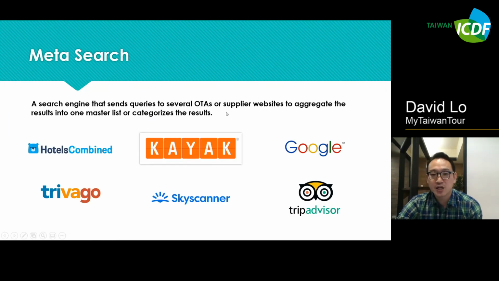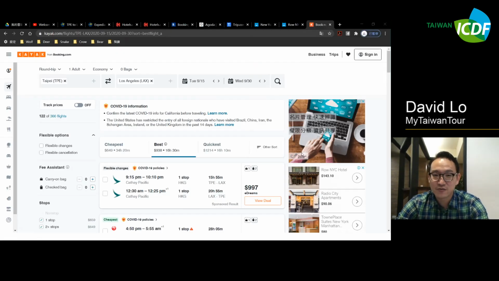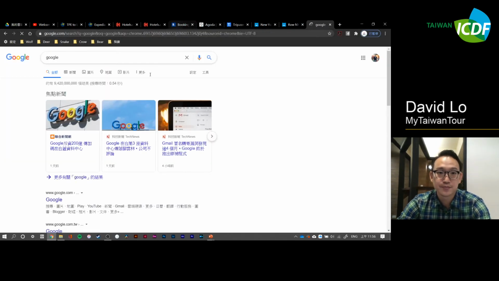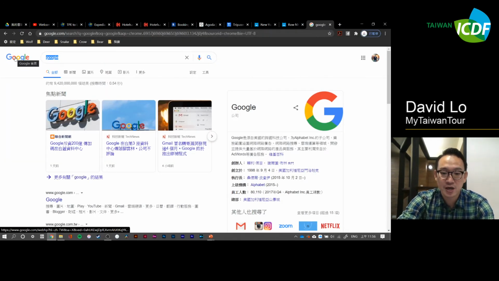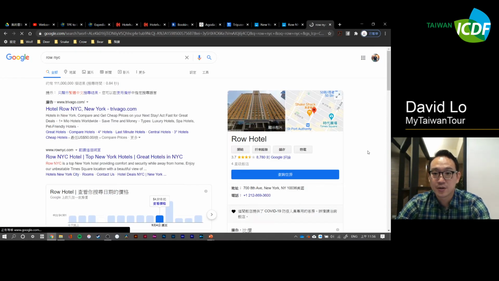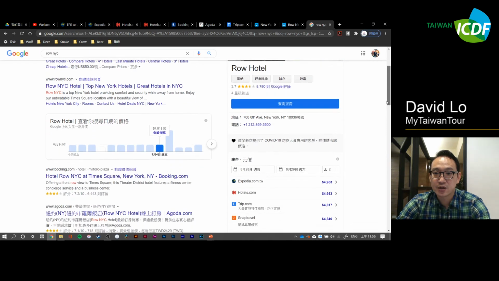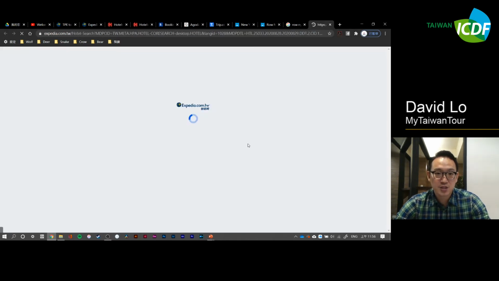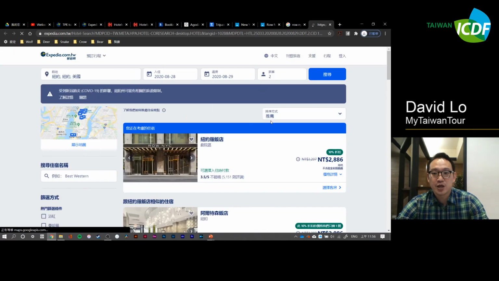It's easier to understand as a Google for the hotels or flights, but of course Google are doing it too. If I go to Google and I just type NYC, you can see they also compare the prices right here. So you can click on this, and it directs you to Expedia.com.